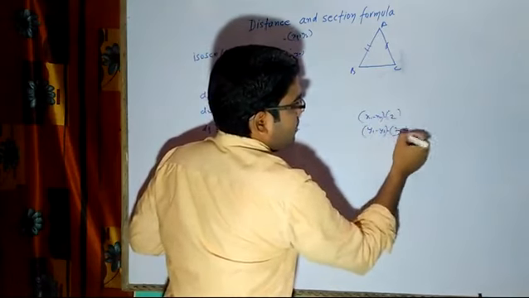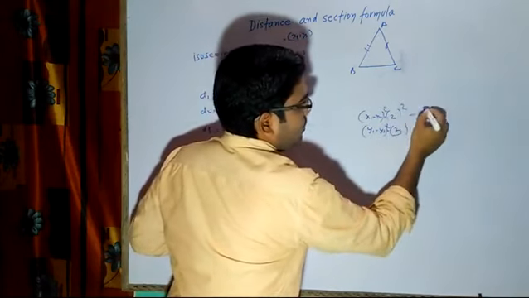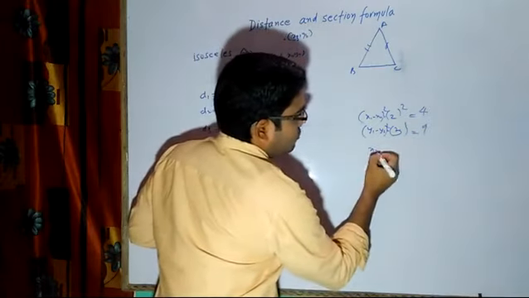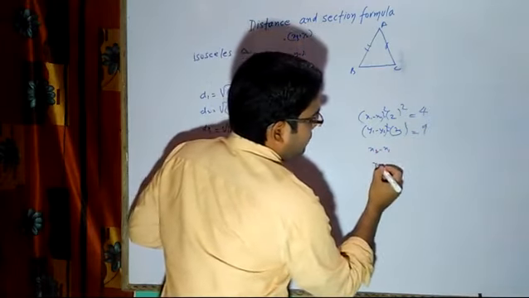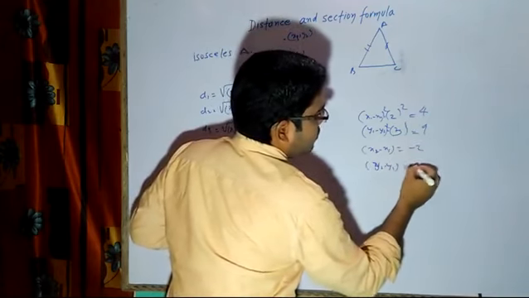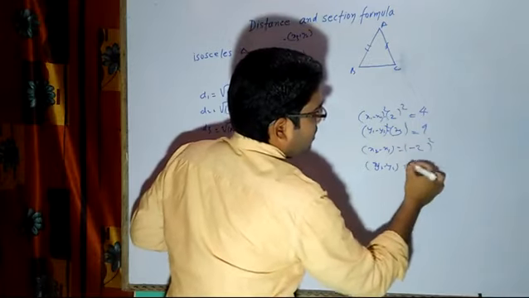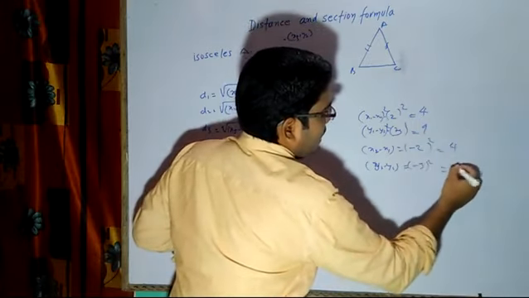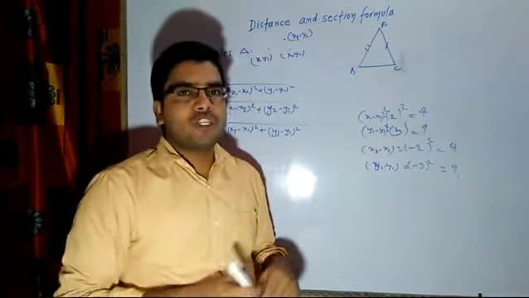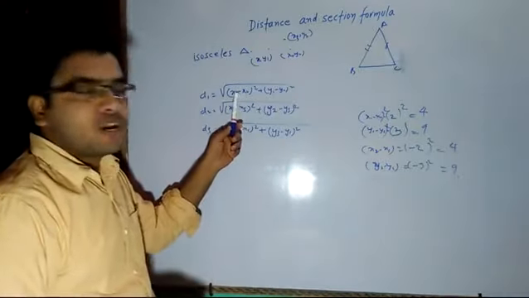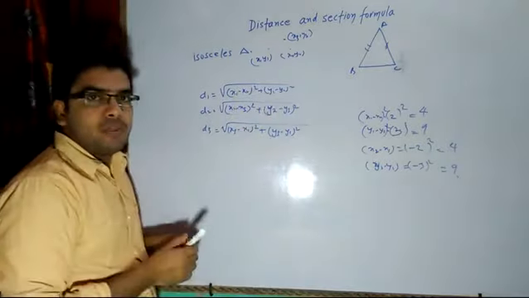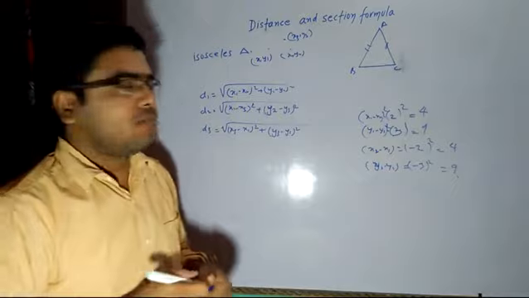Its square will give you 4, and this will give 9, right? Now if you write x2 minus x1 and y2 minus y1, it will give you minus 2 and minus 3. Even if you square these, you will still have 4 and 9. So the square of any negative number will always be positive. From here you will get a positive number, and from here also a positive number. So distance will ultimately be a positive number.